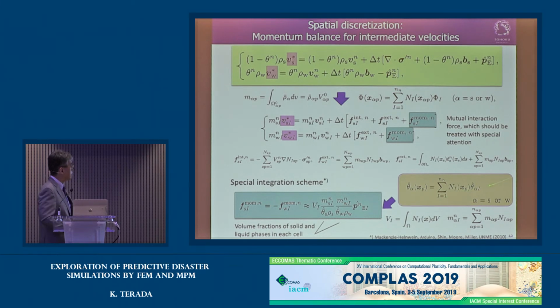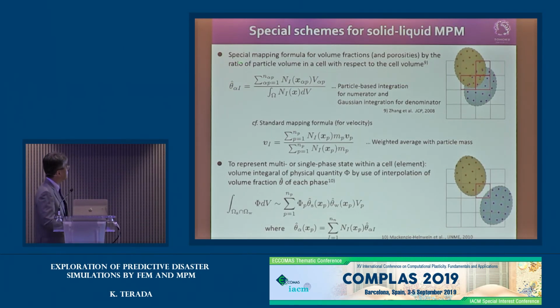The key factor here is that the nodal volume fraction phi hat can be mapped by this formula here. That is a special mapping formula for the volume fraction, defined by the ratio of the particle volume in a cell with respect to the cell volume. Here we have the volume of each particle instead of mass, unlike the standard mapping formula for the velocity field.